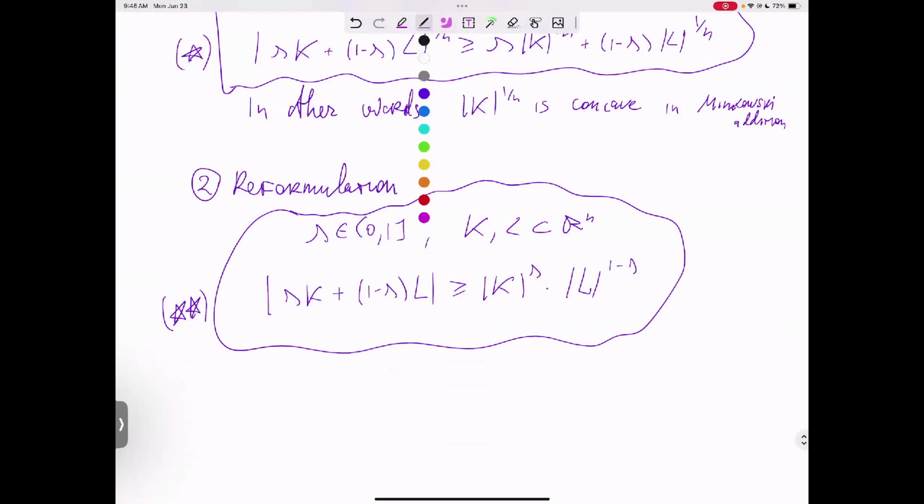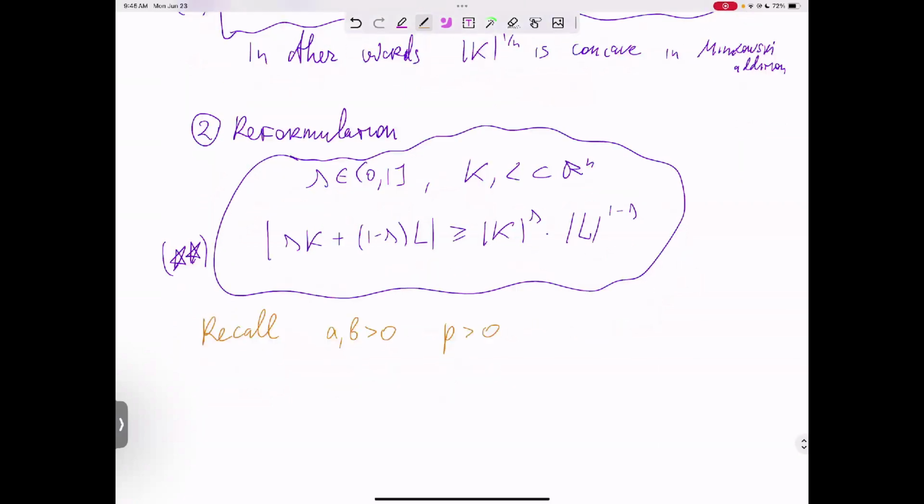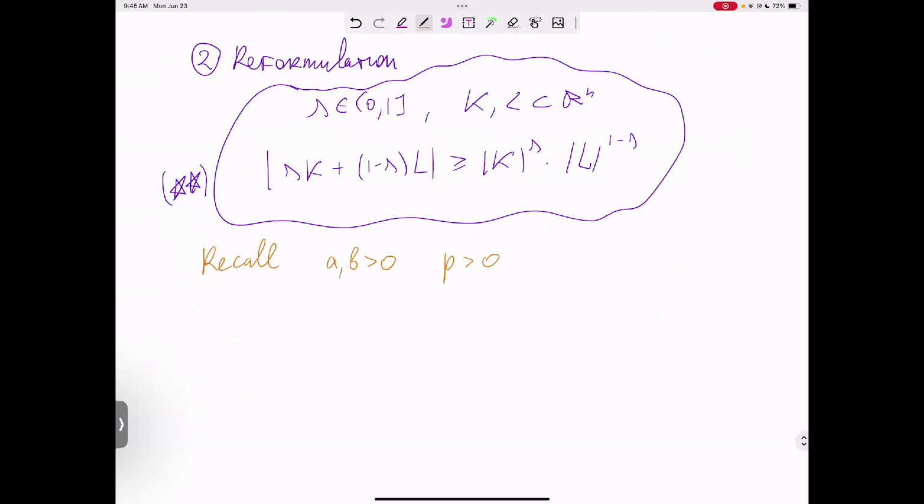Let me recall a silly old inequality about numbers, that if you have a and b positive numbers, p a number bigger than 0, and also lambda between 0 and 1, then lambda a to the power p plus 1 minus lambda b to the power p, to the power 1 over p, decreases in p.